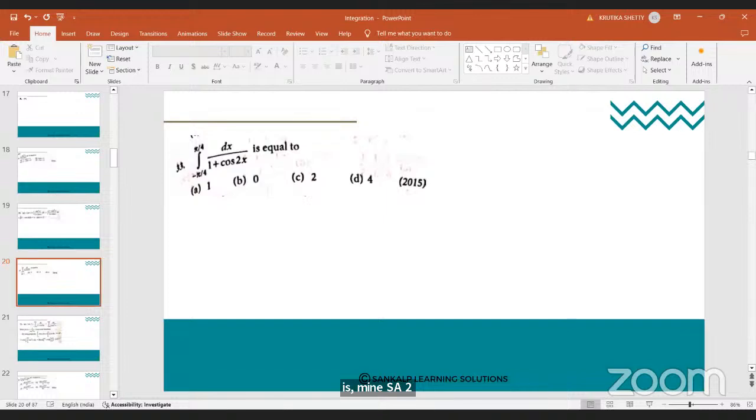If it is an odd function, it will be equal to 0, and if it is an even function, then we can proceed further. We will discuss the solution for this.